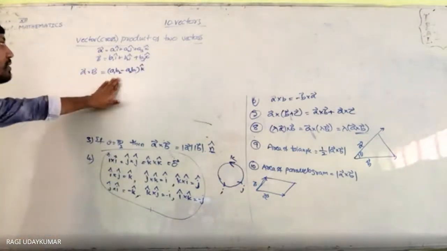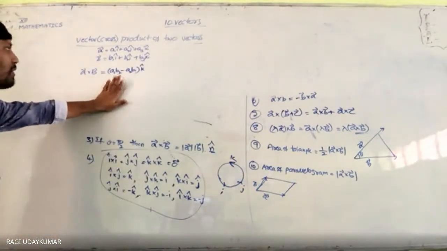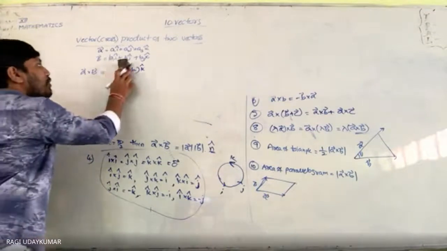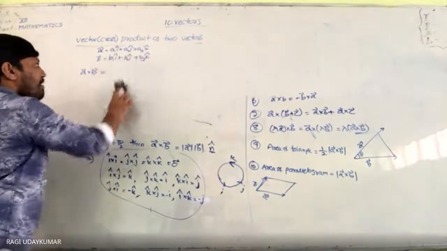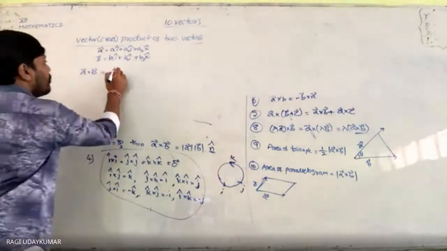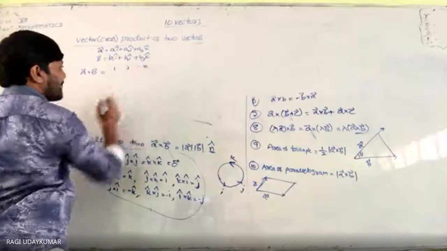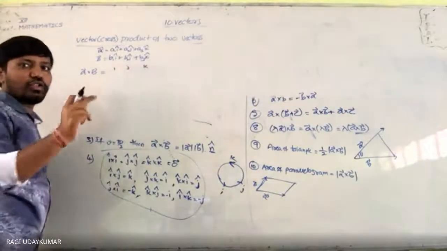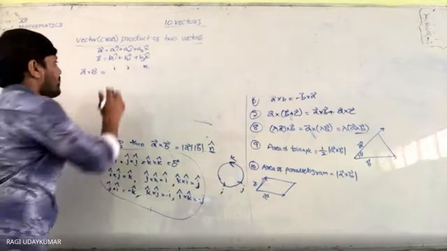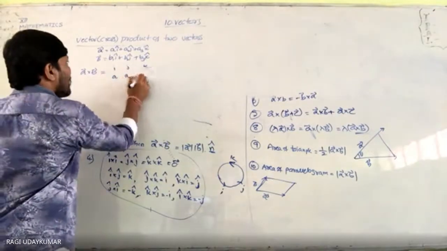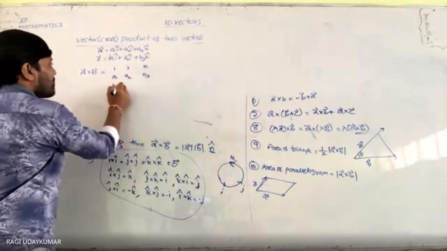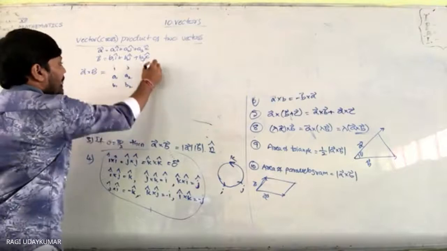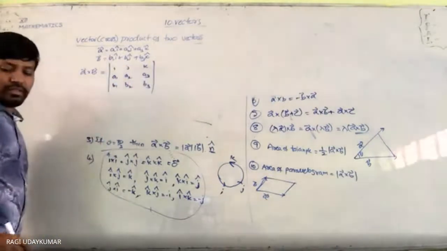But if you want to do this normally, it is a little bit difficult to find. The easy way of finding this: you take the matrix, the first row has i j k, the second row has a1 a2 a3, and the third row has b1 b2 b3, and find its determinant. You get the same thing.